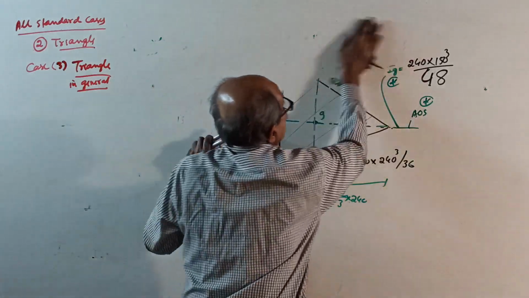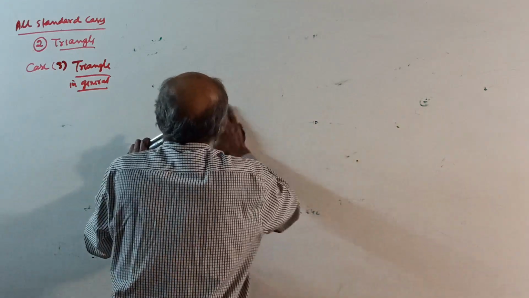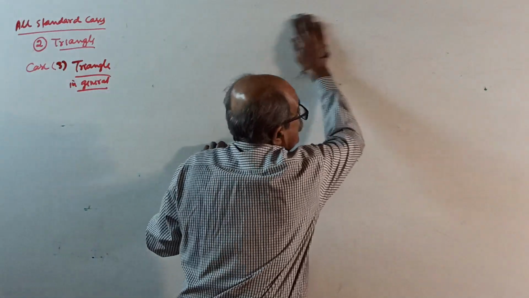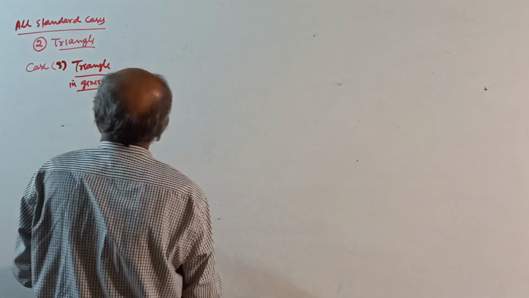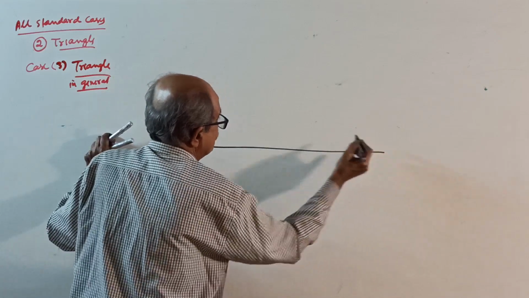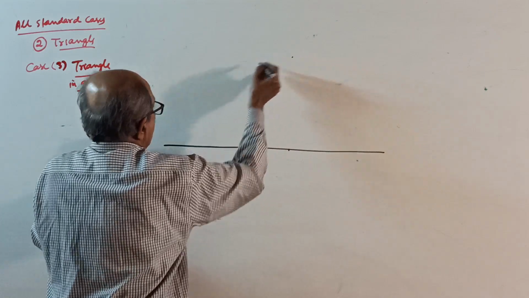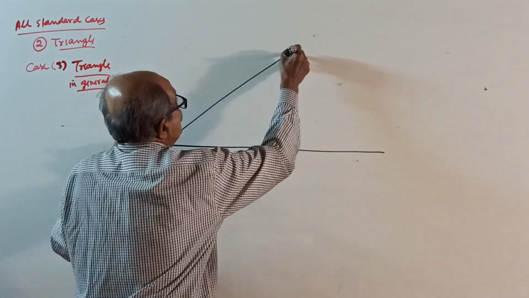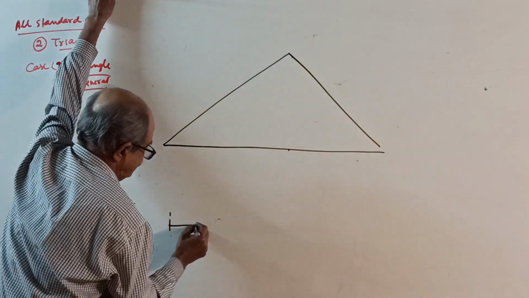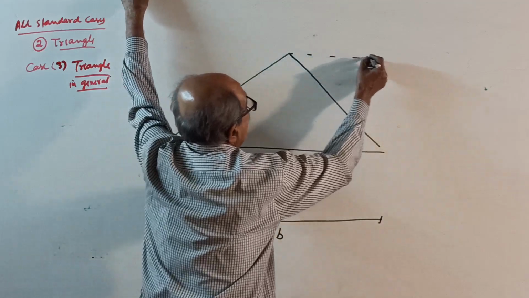You should be very careful now. See here. Now, consider randomly. This is the triangle. One example sufficient. See, just imagine this is the base. Base B. This is the height.